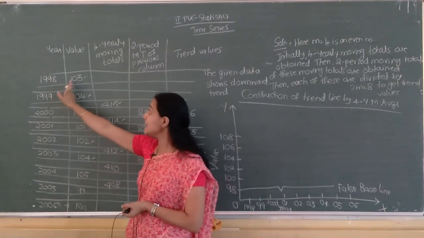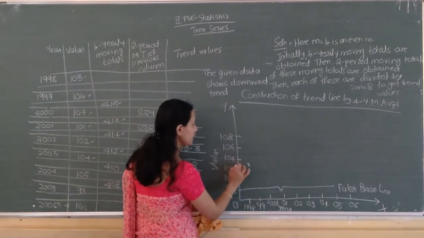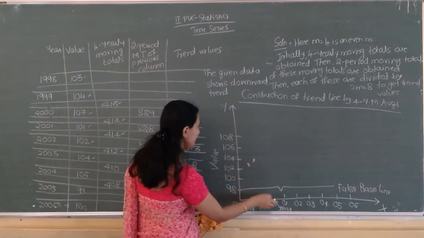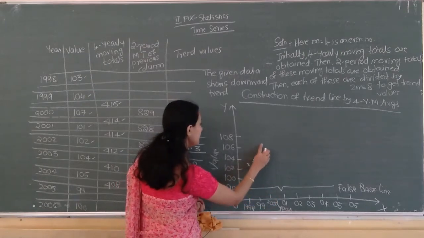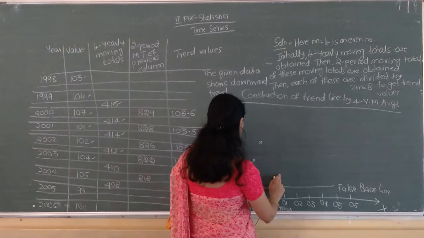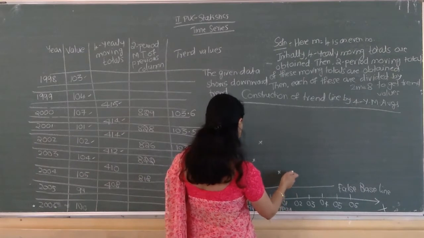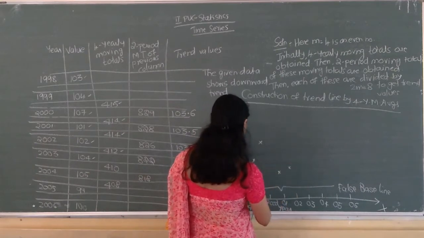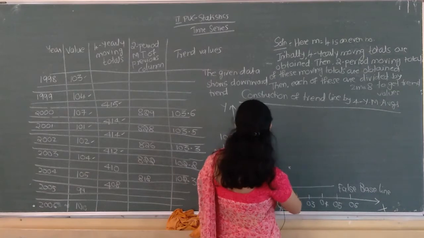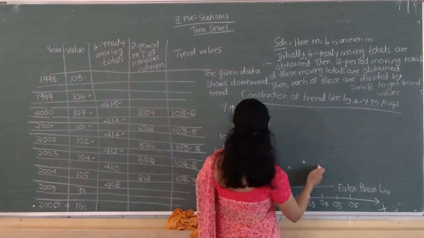Graph of 1998, 103, that is in between 102 and 104, the midpoint. 1999, 104. 2000, 107. 2001, 101. 2002, 102. 2003, 104. Next 2004, 105.